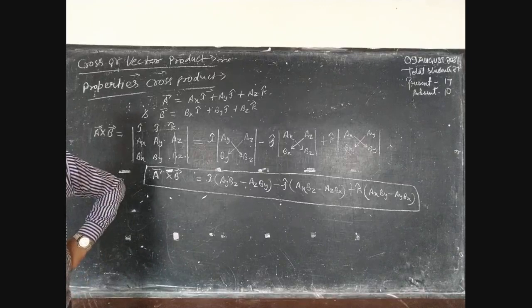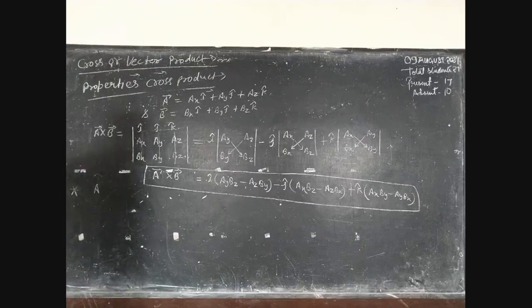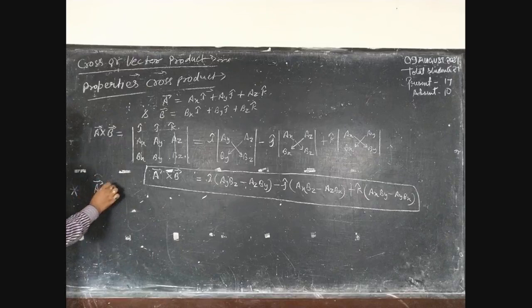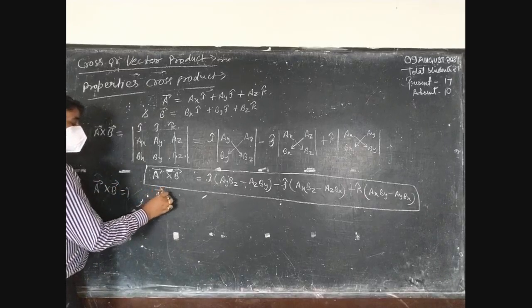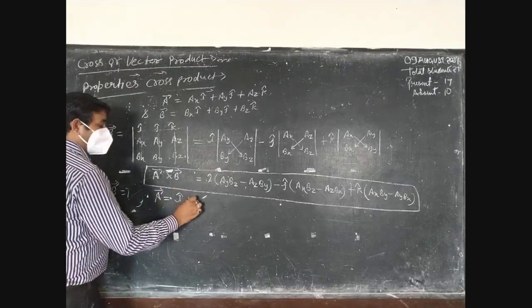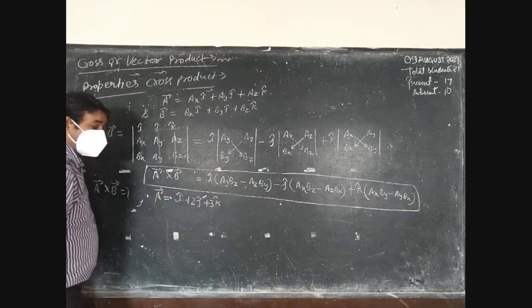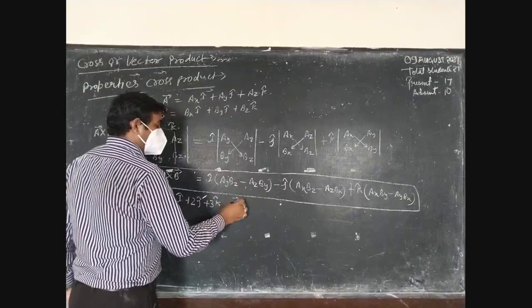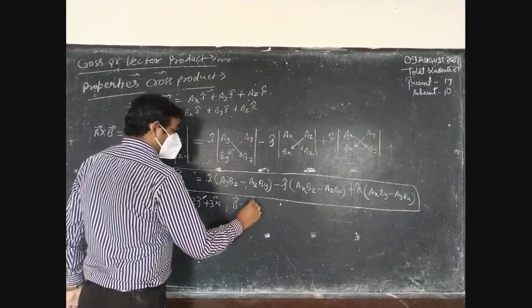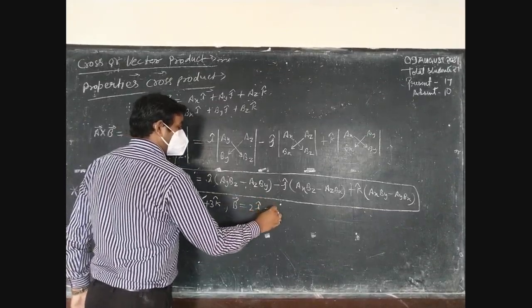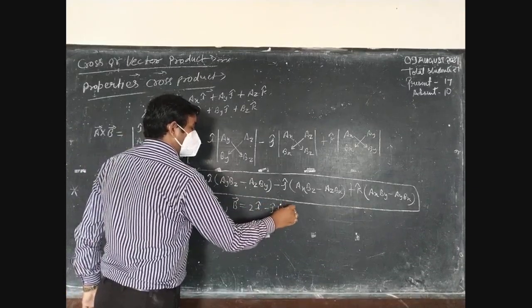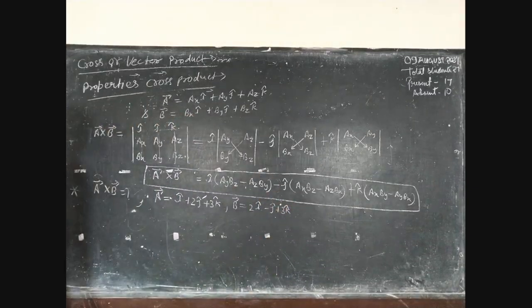Find the cross product between two vectors, vector A cross vector B. You have to find it if the vector A is given by I cap plus 2j cap plus 3k cap, and vector B is given by 2I cap minus j cap plus 3k cap. Okay. For these two vectors you need to calculate the cross product.